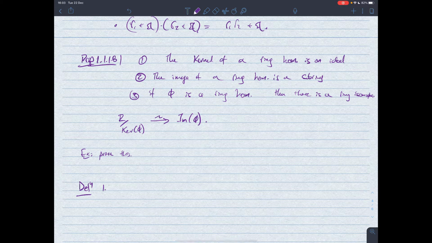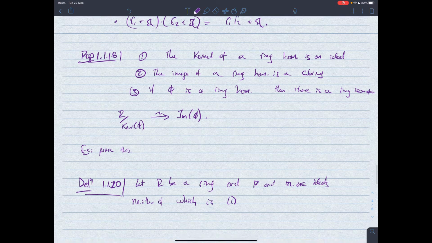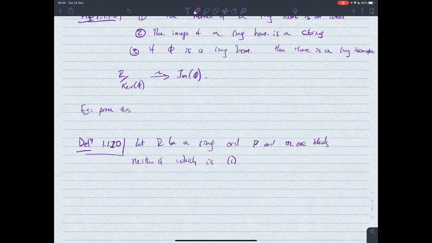So this is definition 1.1.20. I'm going to let R be a ring, and P and M are ideals, and I want to assume that neither of which is the whole ring, so neither of which is the ideal 1.